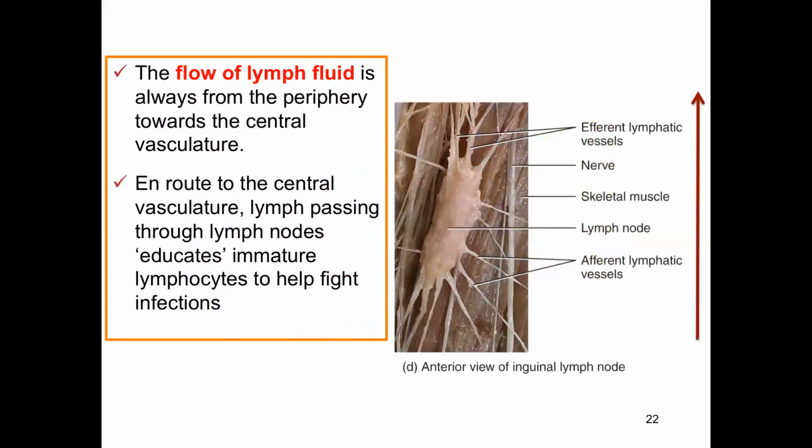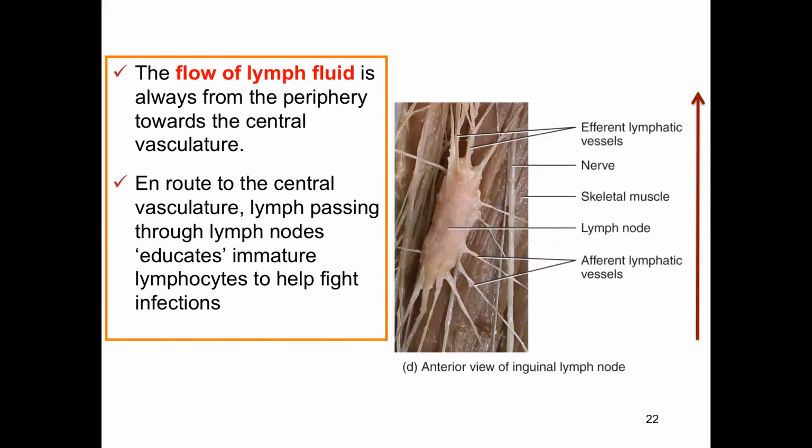And as it makes its way back towards the heart, the lymph fluid is actually going to pass through the lymph nodes, okay? So the lymphatics are critical to your immune system, because this fluid is being filtered and goes through your tissues, it can pick up whatever's in the tissue.